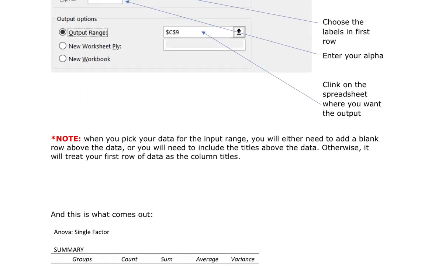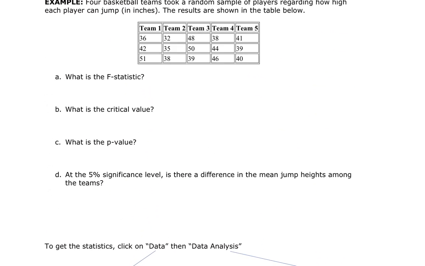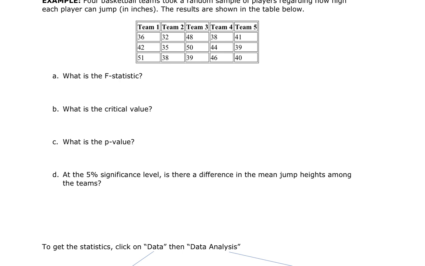If I go back up, I can start filling all this in. What is my F statistic? By my spreadsheet, I got 2.060393. The critical value was 3.47805. What is the p-value?